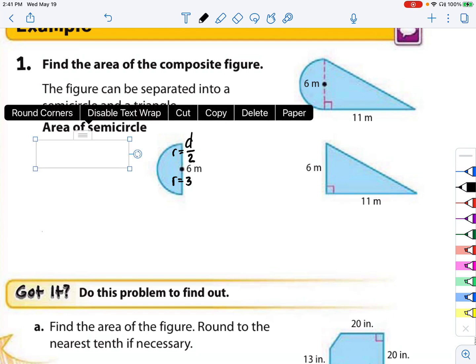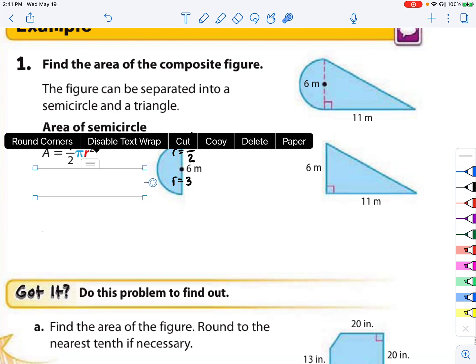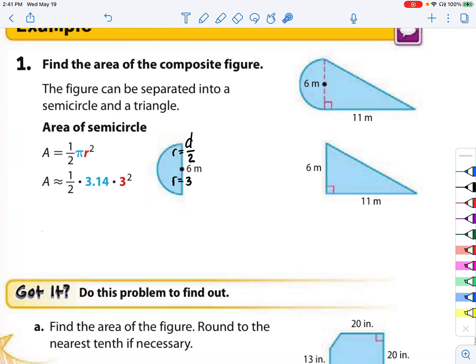Remember that radius is equal to diameter divided by 2. Okay, so again, we write down the formula for area of a semicircle, which is 1/2 times pi r squared. We substitute the value for pi, which is 3.14. The radius will be equal to 3, as mentioned. So the approximate area of this semicircle is 1/2 times 3.14 times 3 squared.